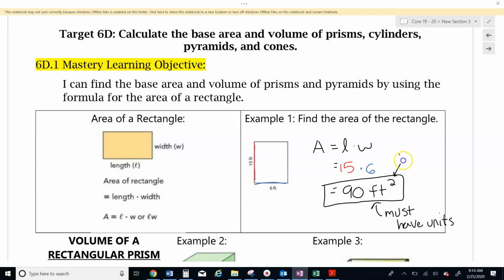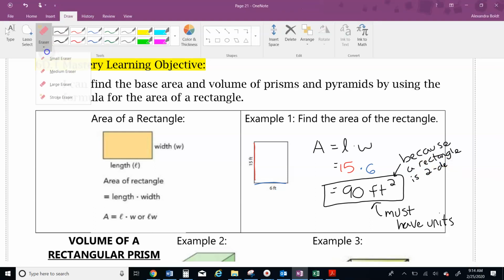This is a 2 because a rectangle is 2-dimensional.